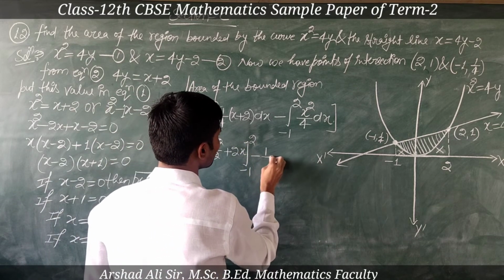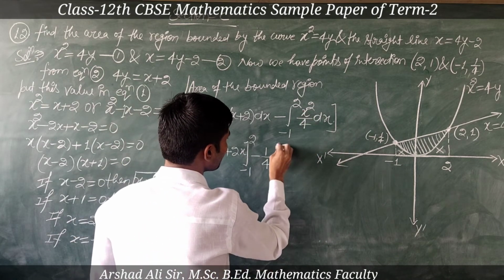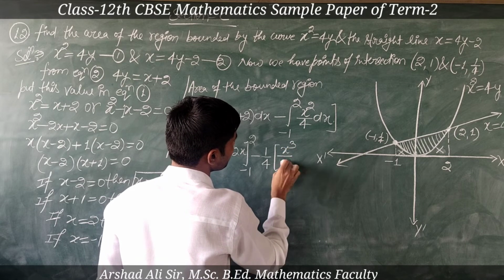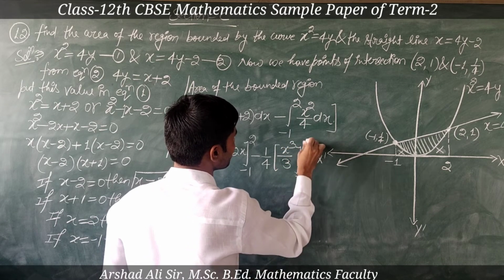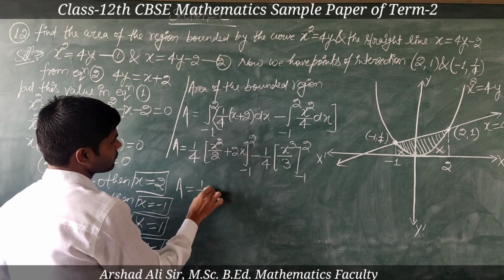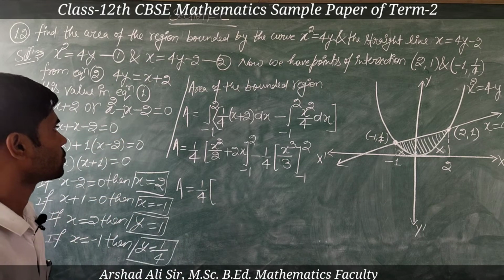Minus 1 upon 4 will be out of the integration sign. X square integration, it will be x cube upon 3. Lower limit is -1, upper limit is 2. So here we can put the values of limit. So what is the upper limit? Upper limit is 2.